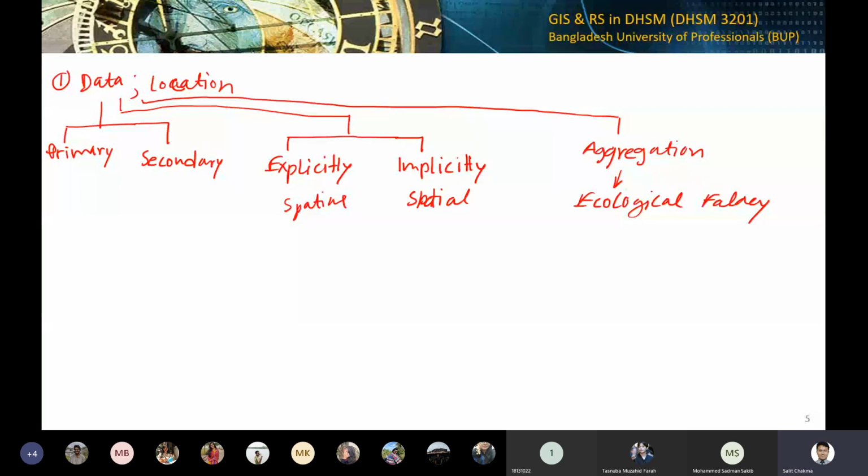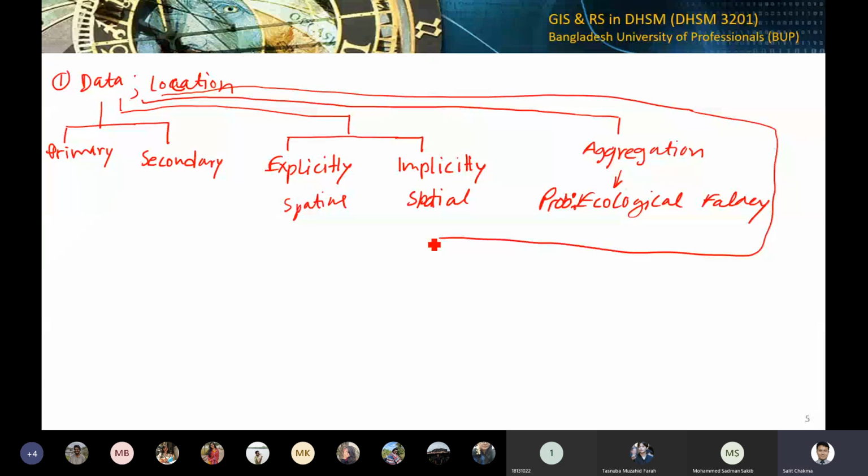Okay, so there you go. We have the problem. So this is a problem, ecological fallacy, concerning the aggregation. And finally, what you can say is, all right, how about the variables that we are using?